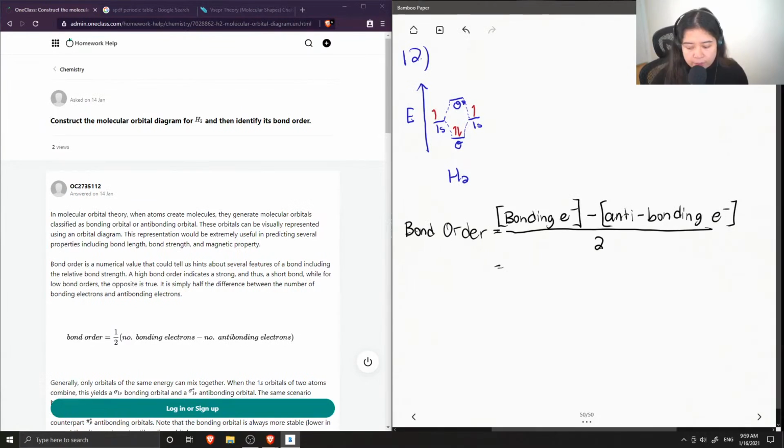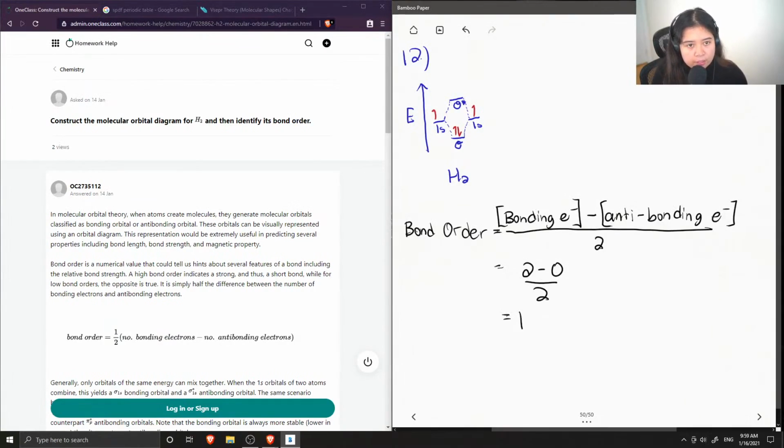So again, we know we have bonding electrons when it's in this sigma orbital, and when it's sigma star, this tells us that we have anti-bonding electrons. So in the case of H2, we have 2 bonding electrons, and we have no electrons in the sigma star, so we are 2 minus 0 divided by 2. So there is a bond order of 1.